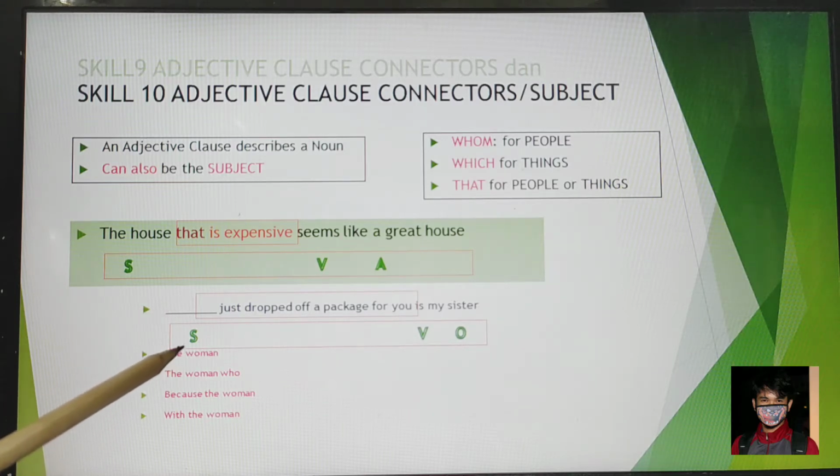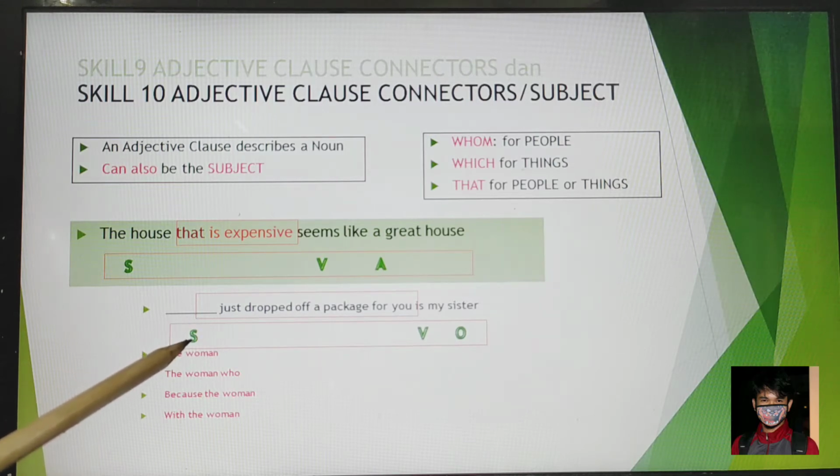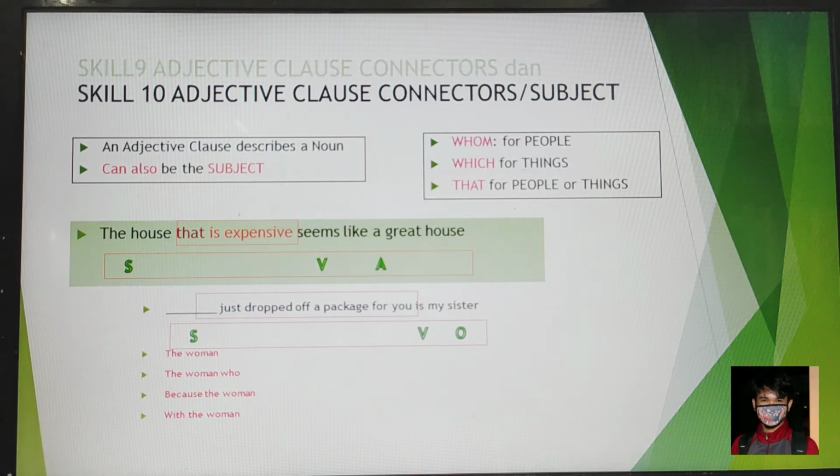So the answer is: the woman who just dropped off the package for you is my sister. This is the subject, this is the verb is, and also the object. The answer is the woman who, because who relates to people.